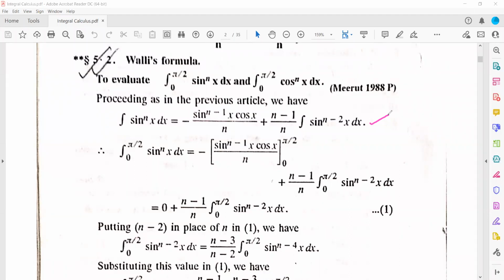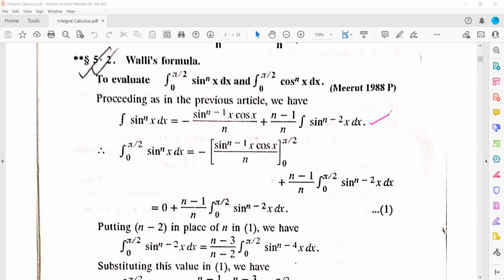If the marks are more, then you need to prove it. If the marks are less, then you simply write that we know the integration of sine to the power n x dx is this, and then you follow the rest of the process.